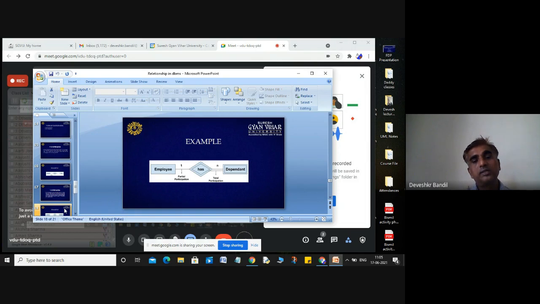And also you can see the edge, which is the relationship between employee and department, is represented by a double diamond. So that is the example of participation.